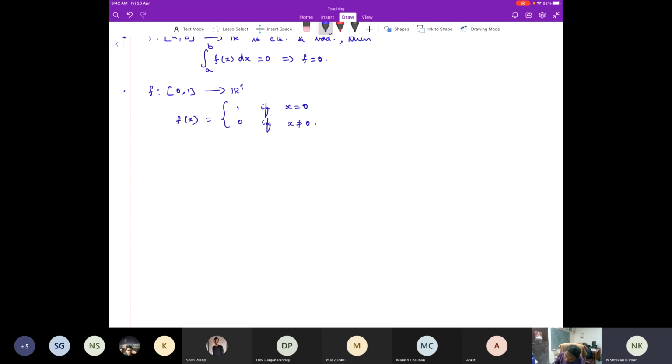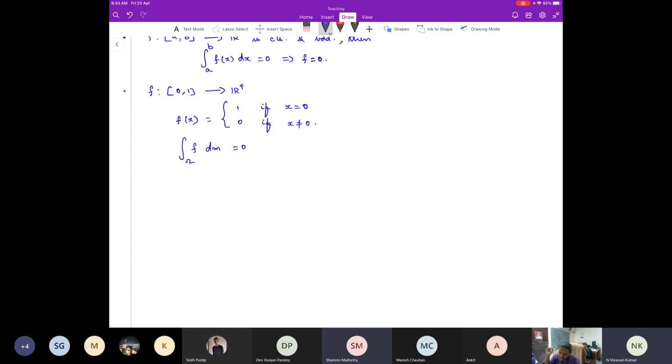Now it is immediate that the integral over omega of f, where you integrate with respect to the Lebesgue measure, is 0. Why is it 0? Because the measure of the singleton {0} is 0.